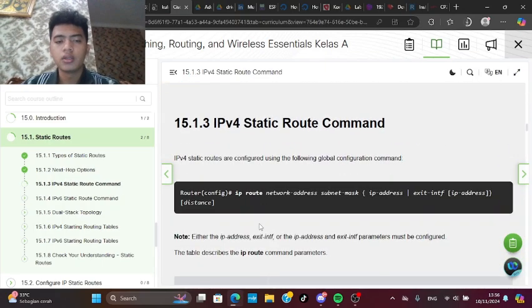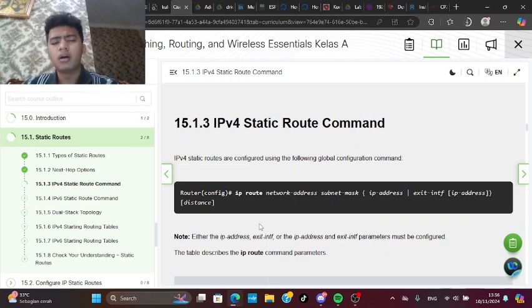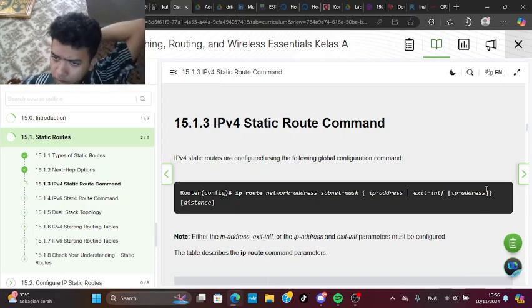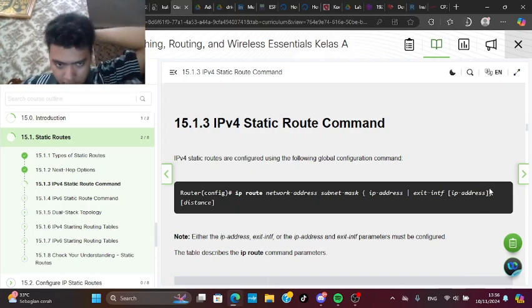Okay, we continue. The IP version 4 static route command. IP version 4 static routes are configured using this global configuration command: ip route, network address and subnet mask, then the IP address and the exit interface, and then the distance.